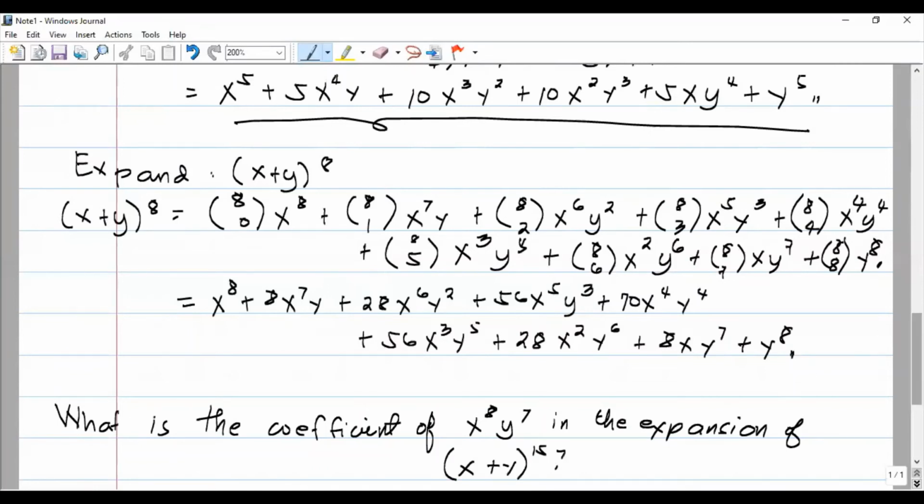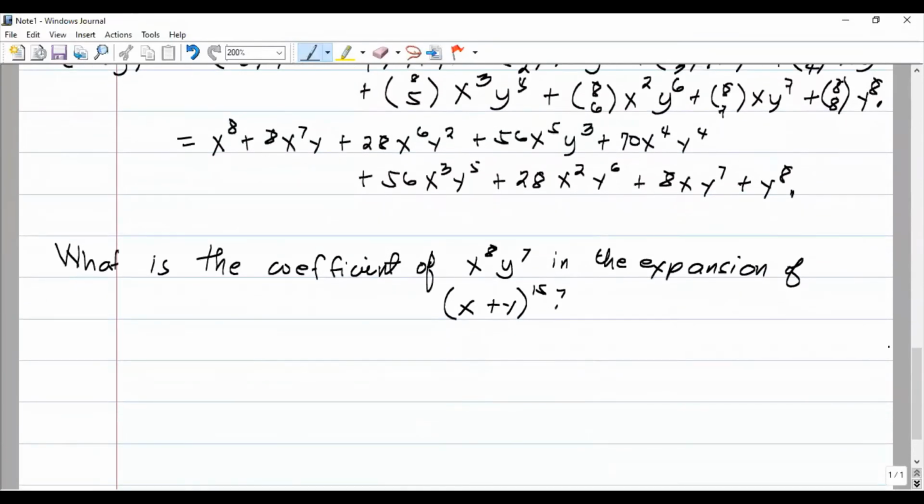Okay, so we are going to get the numerical coefficient of the term whose exponent for x is 8 and y is 7.